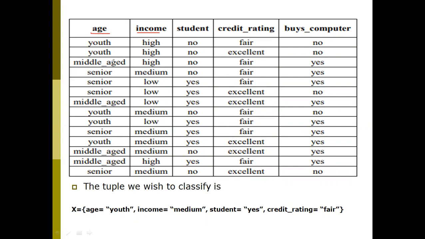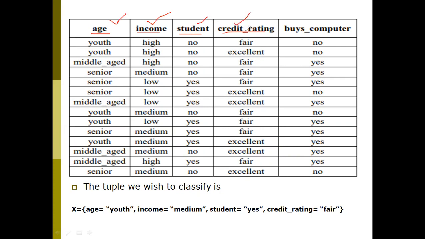These are the three different values, three different categories under age. If you take the attribute income, it has high, medium, low, three different values or categories. Student, yes or no. Credit rating, fair, excellent. These are the four independent attributes I have in my training data set.